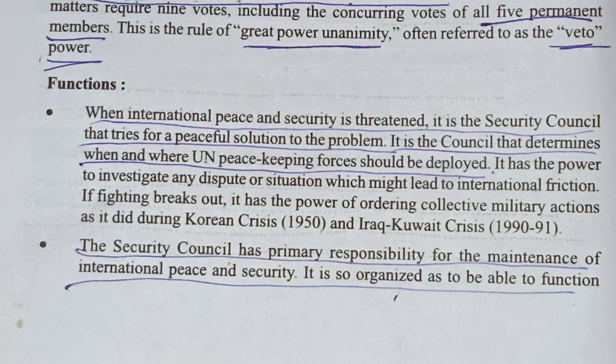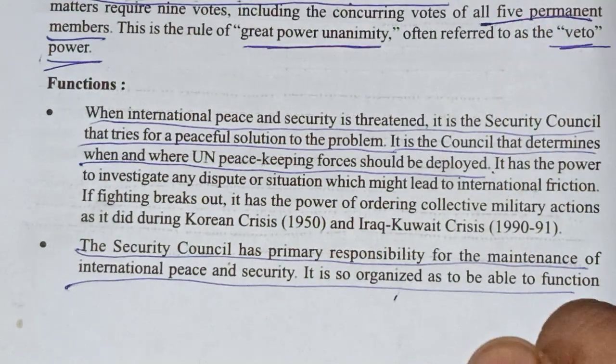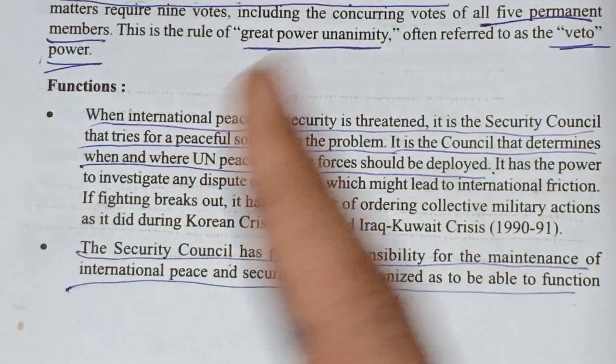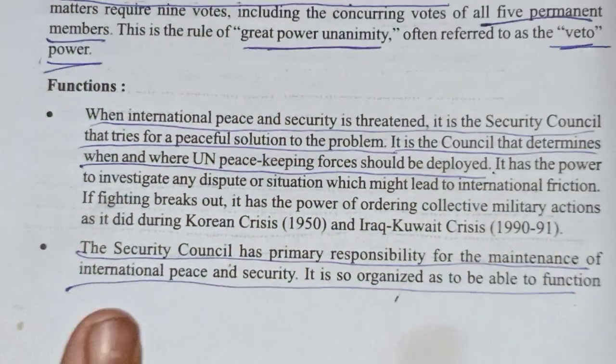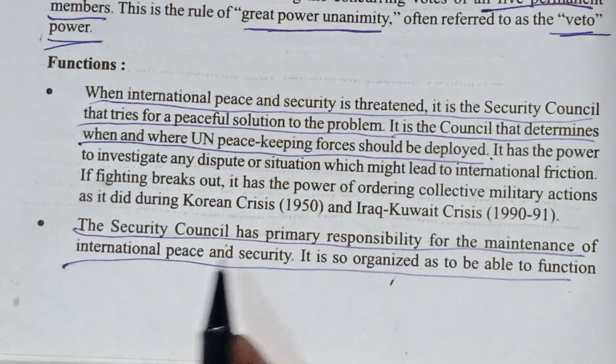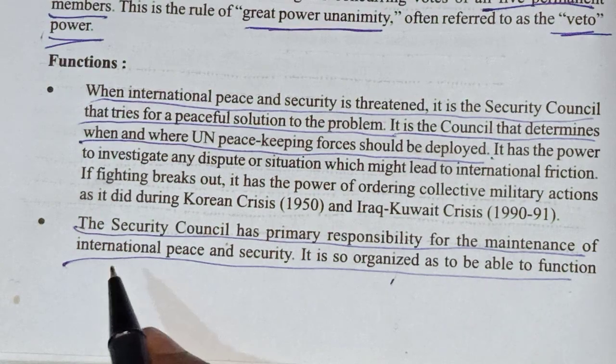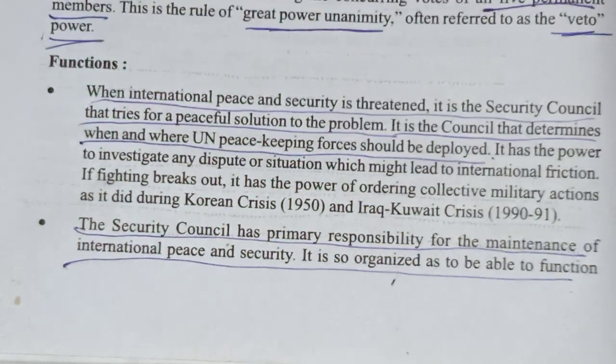So if the Security Council gives a command that UN peacekeeping forces should be in this country to settle the disputes, then the peacekeeping forces will go there, otherwise they cannot go. Okay, then the Security Council has primary responsibility for the maintenance of international peace and security.